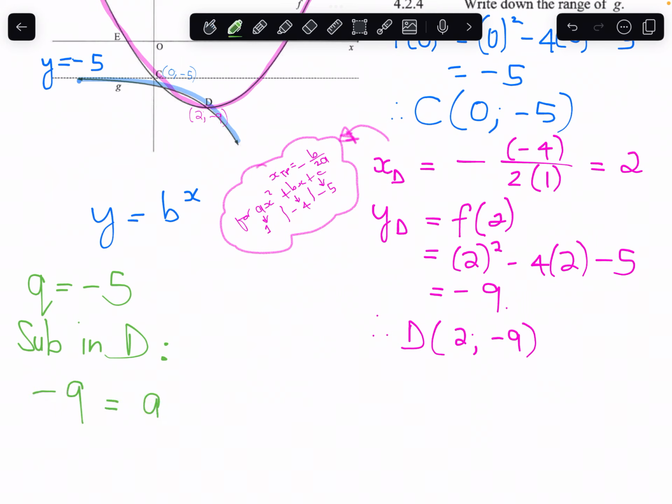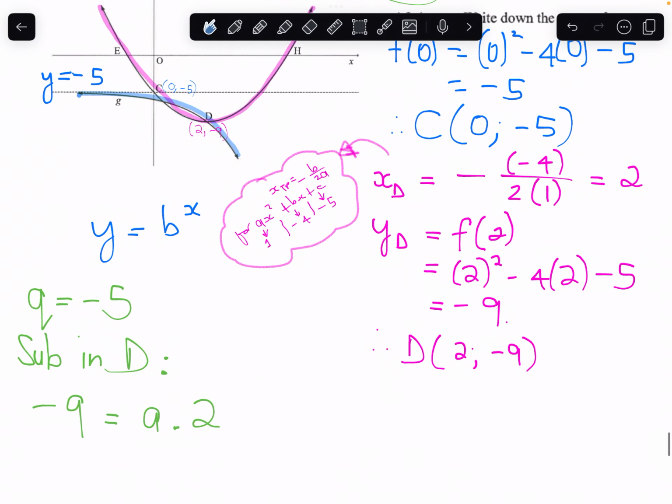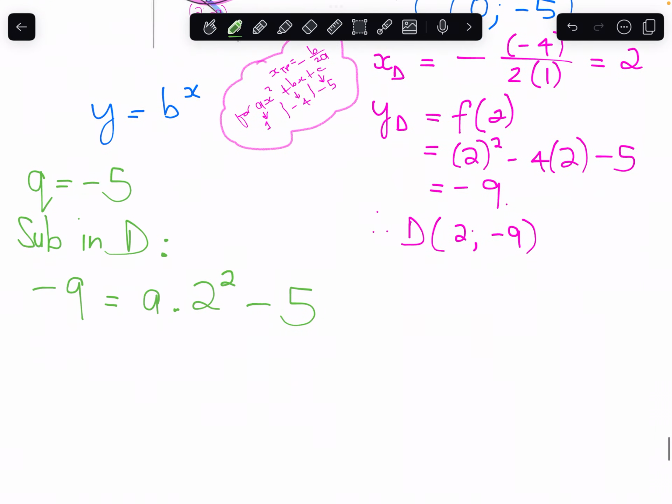Then we have A times 2 to the power of 2 plus Q, which is minus 5. Right, add 5 on both sides, and we have A times 4. Divide by 4 on both sides, and we have negative 1 is equal to A.